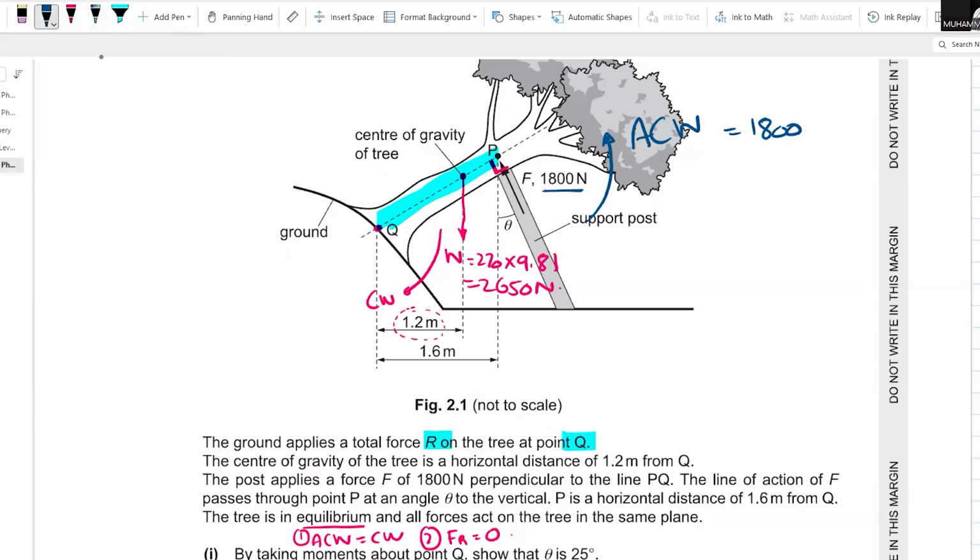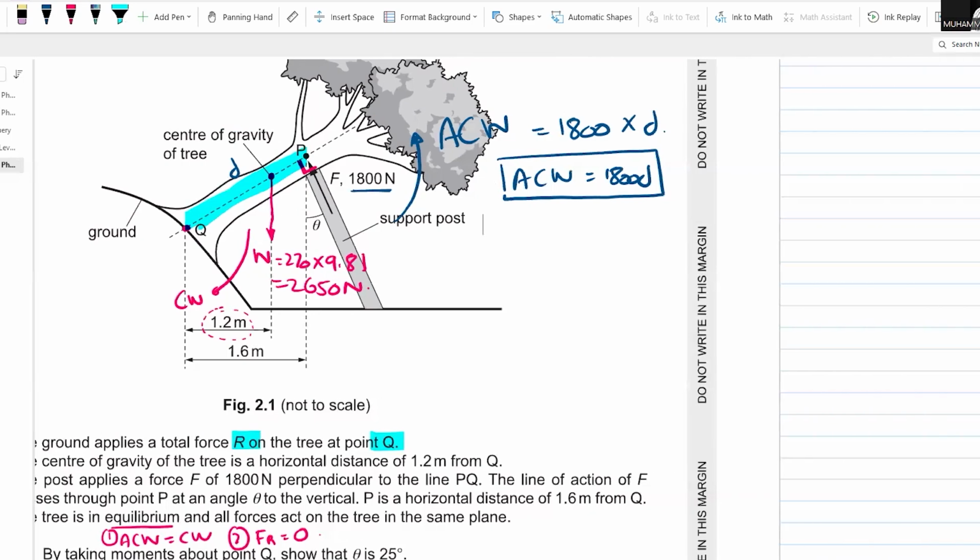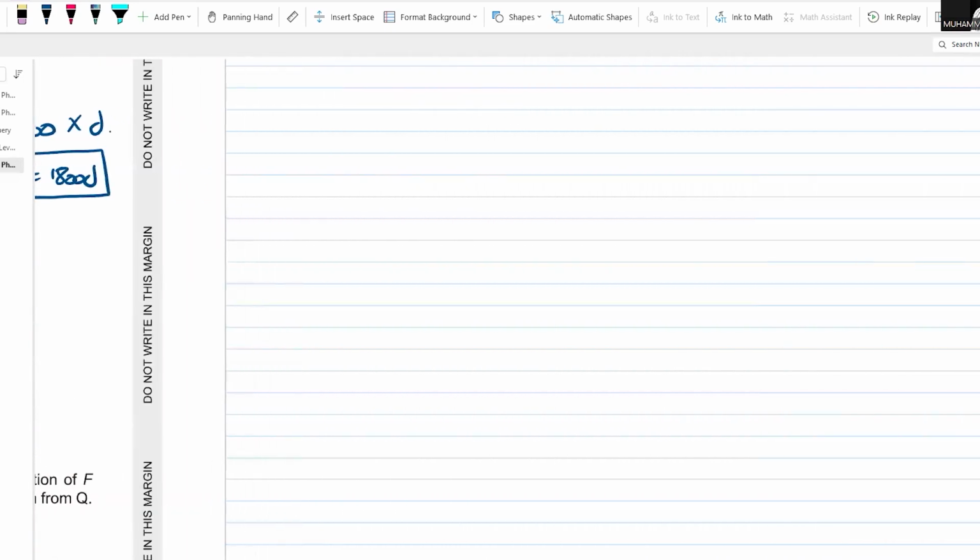This is D. 1800 into D is your anti-clockwise moment. Okay, you have taken the force as 1800. The perpendicular distance from the pivot is D. Now you have to calculate D. Before calculating D, I want to brief you on something.